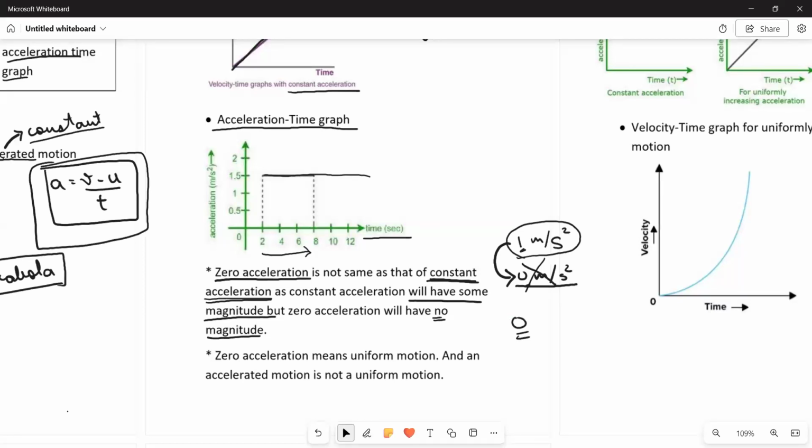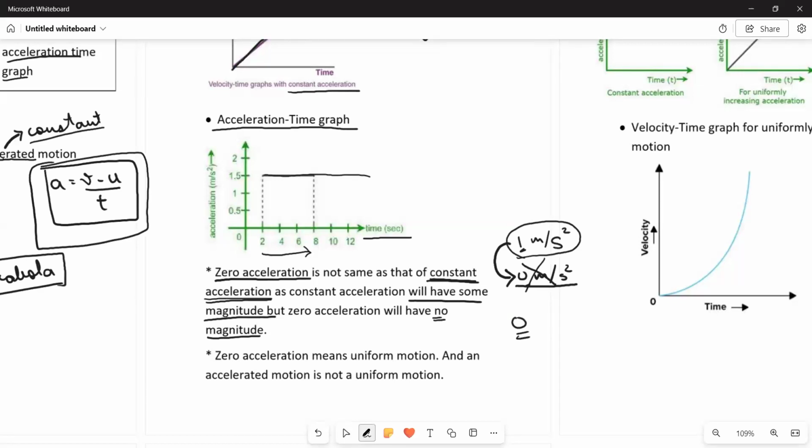And zero acceleration is not the same as constant acceleration, because constant acceleration will always have some magnitude. It can be positive or it can be negative, but for an acceleration to be constant, the acceleration must not be equal to zero. Okay.